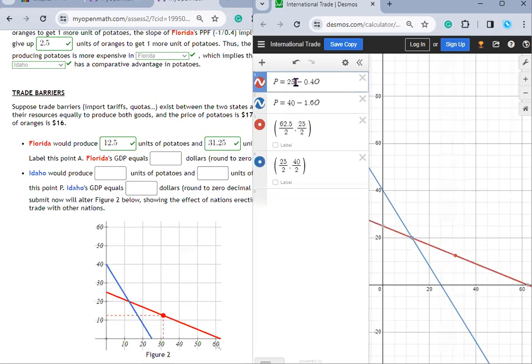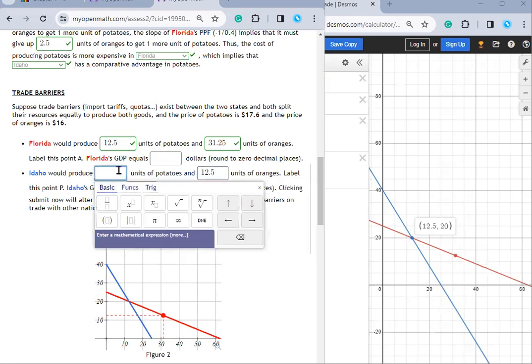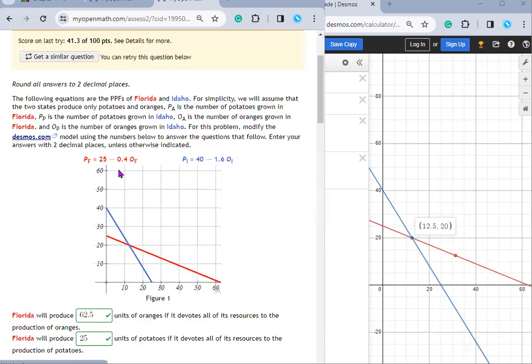And we can see that if I modify Florida's PPF, this dot is on Idaho's PPF, and it's pure coincidence that this blue point is at the point of intersection. Okay. All right. So Idaho produces 12.5 oranges and it'll produce 20 potatoes, right?